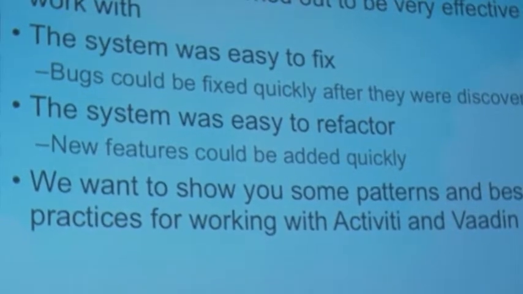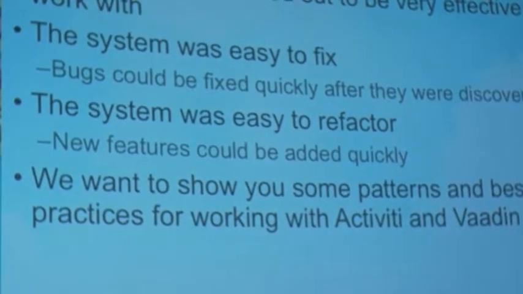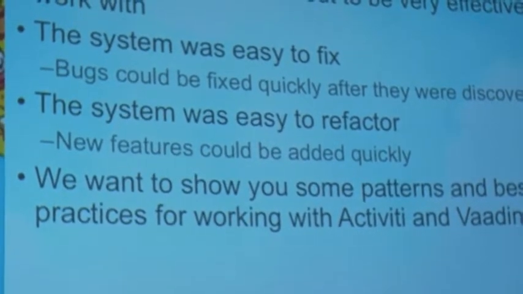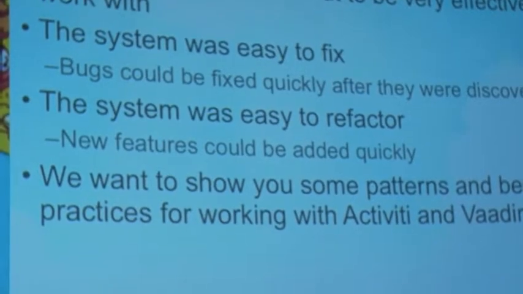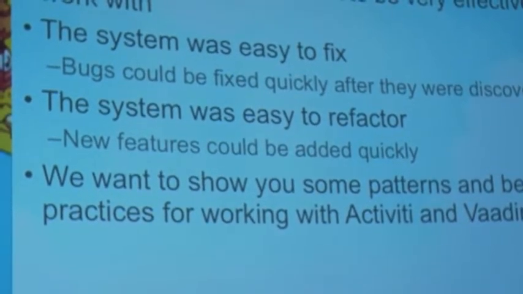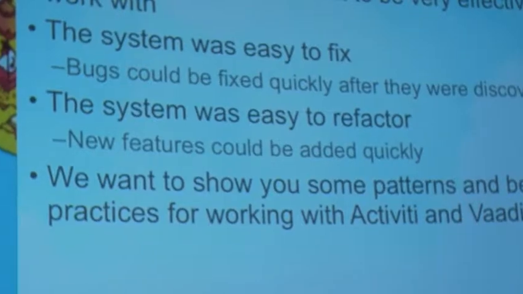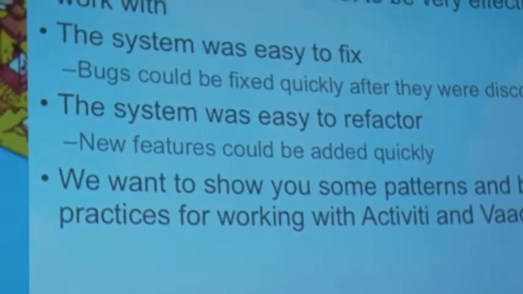Also, additional features requested were easy to implement. We're not going to show you the dark secrets of Devoxx registration today. We just want to show you some patterns and best practices for working with Activiti and Vaadin. So we're going to show you another application we made using similar techniques to those we used for Devoxx registration.